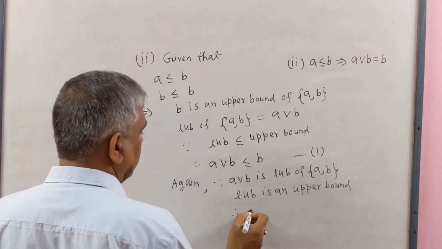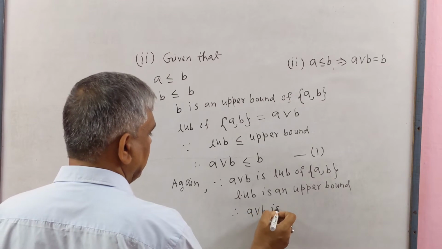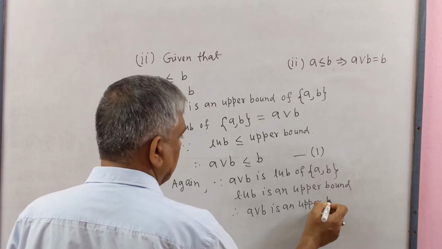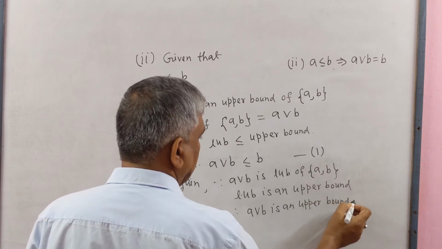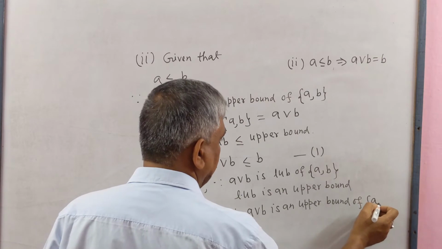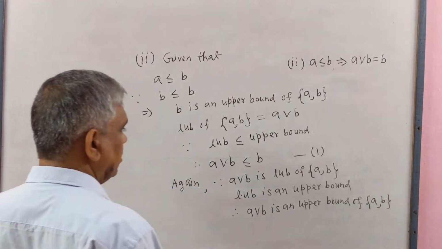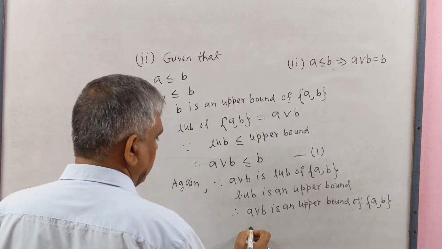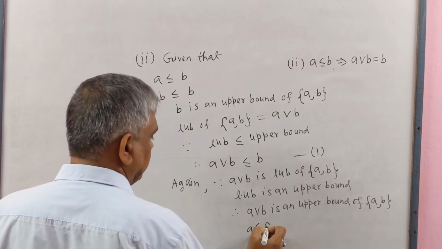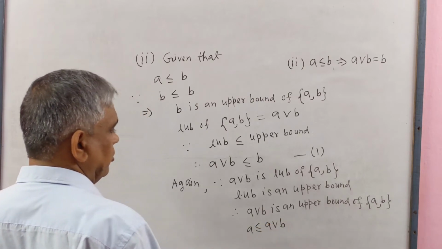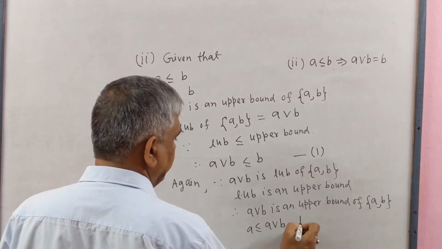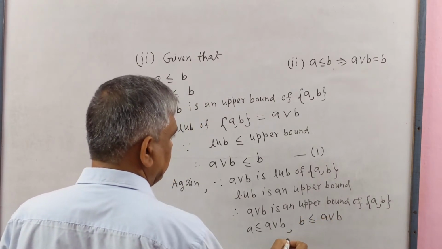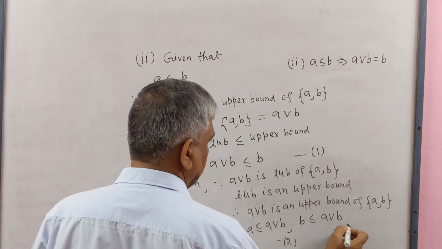therefore A join B is an upper bound of the set containing elements A and B. Therefore, A less than equal to A join B and B less than equal to A join B. This is number 2, this is number 3.